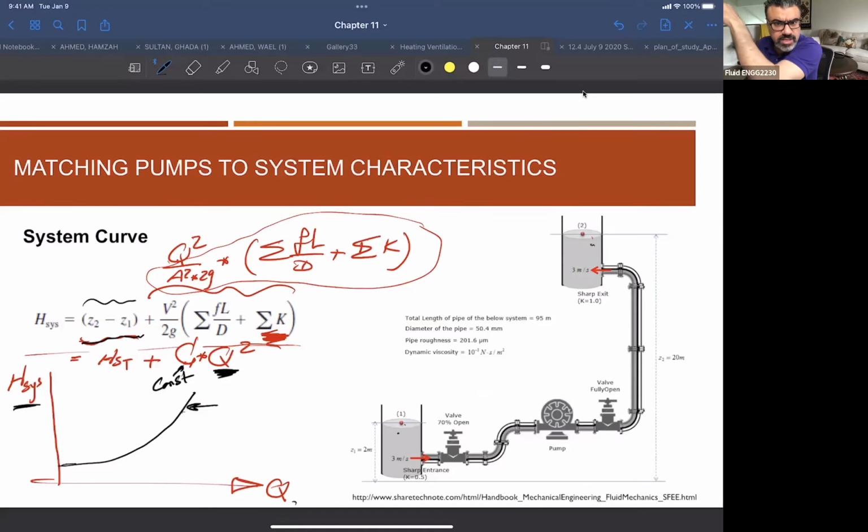So the energy at this tank minus the energy level at the suction side. Okay, so this will be the difference, and we call this the static head that the pump needs to overcome, right? And then we said the other part here would be the losses in the system, and the losses in the system here can be friction plus eddy losses as well.